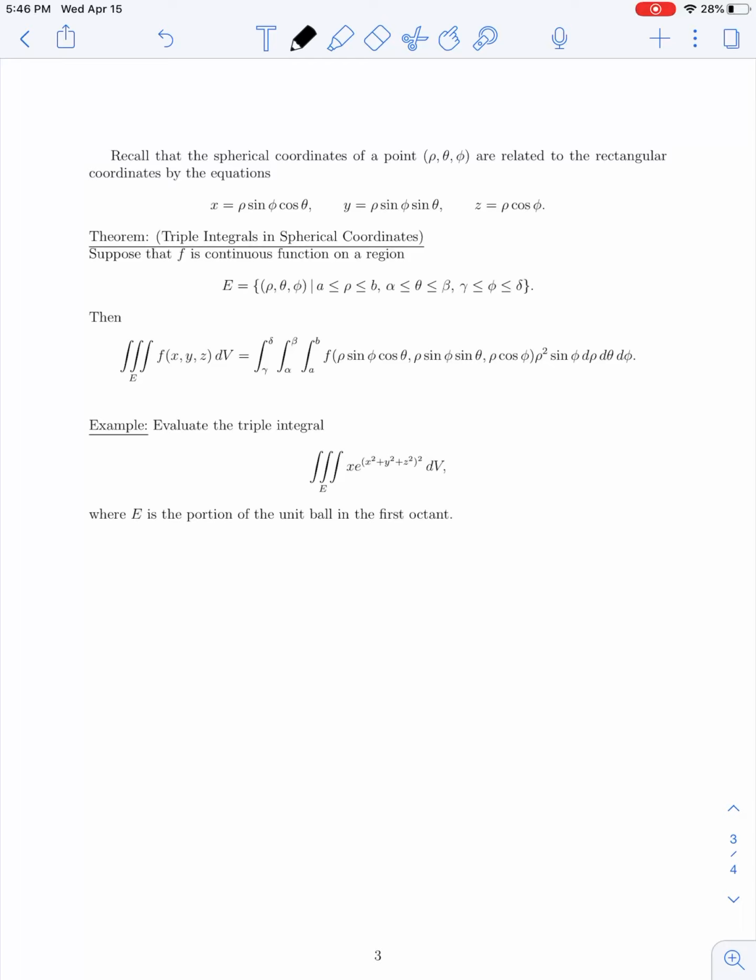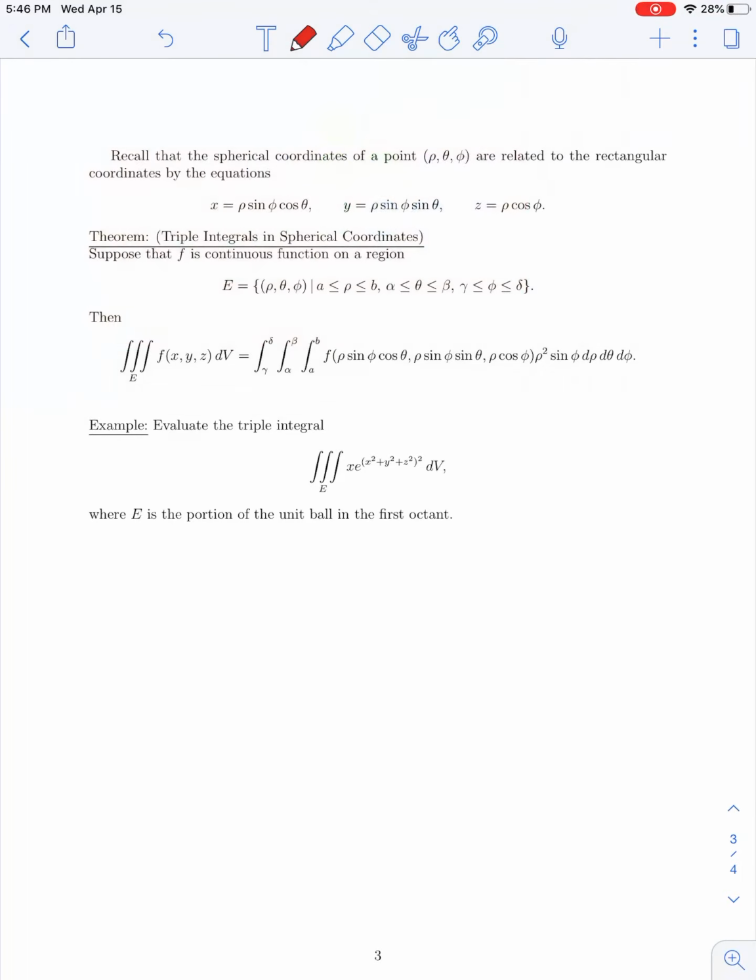As we had seen earlier in the course, spherical coordinates would be useful in describing surfaces which are spheres, parts of spheres, and cones. Regions involving cones have pretty simple descriptions in terms of spherical coordinates.